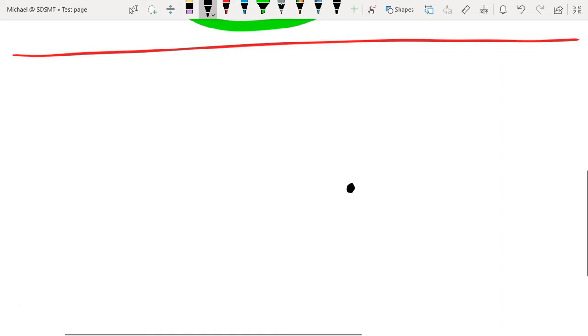But if we were to describe in detail to someone who can't see the screen where that dot is, how would we do that? What we're asking for is, what is the location of this object, or what is its position?